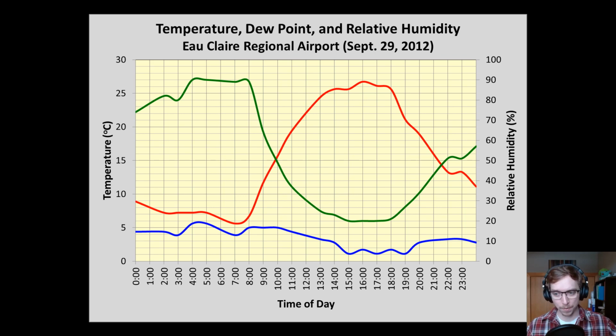So your relative humidity is decreasing, and then as the surface starts to cool again, that relative humidity is increasing because your air temperature is decreasing again, getting closer and closer to your dew point. So that's just to look at one cycle in our world here.